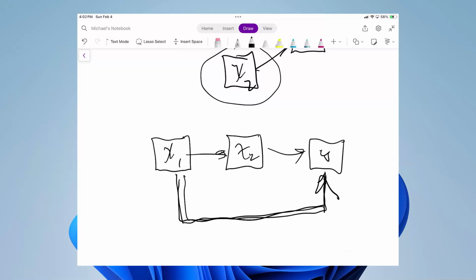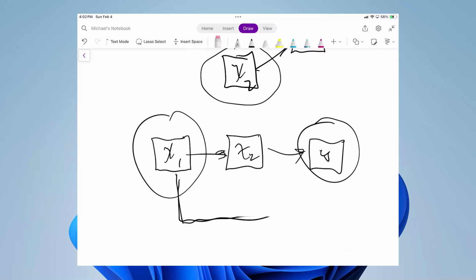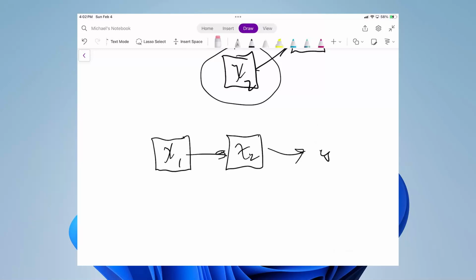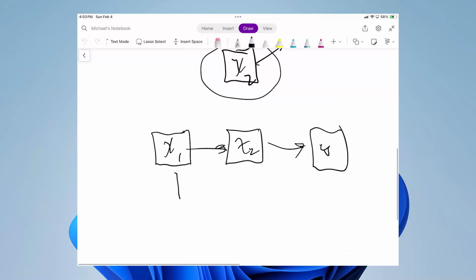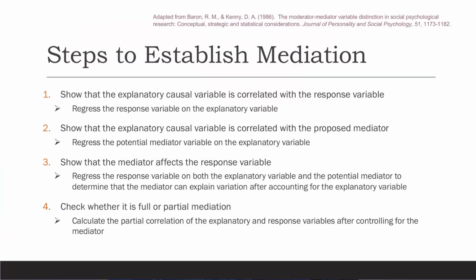On the other hand, if we remove x2 from x1 and from y, and there is no correlation of x1 to y anymore after we removed x2, then we know that this is full mediation, because this direct relationship we looked for doesn't exist.